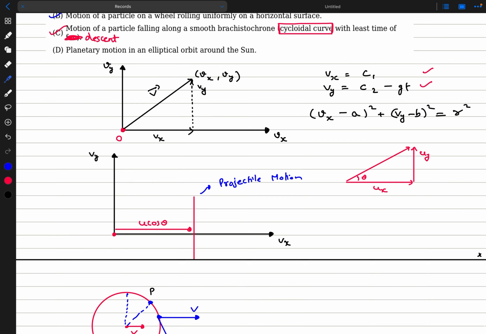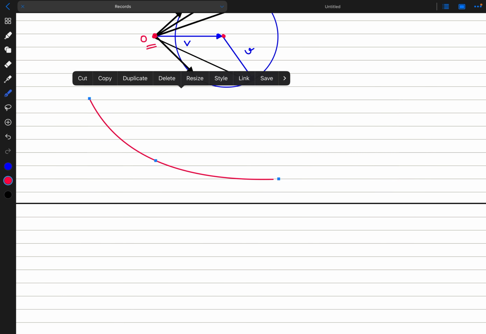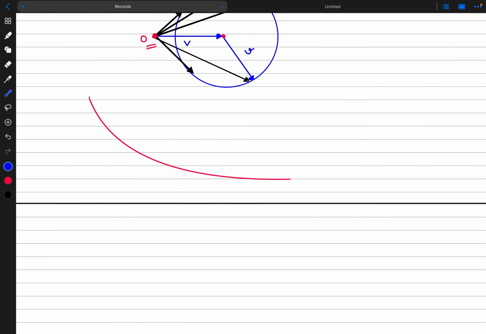Okay, so what the brachistochrone curve is, even though it's not relevant to this question, it's basically another cycloidal curve.